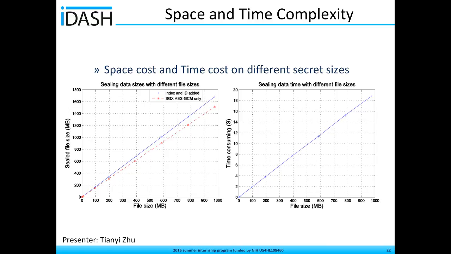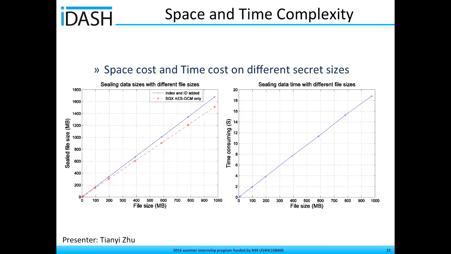The line below on the left picture shows that if we use AES GCM only, the space cost is about 1,500 megabytes. So we add about 200 megabytes for our policy, and we do reduce the time cost of the protection many times over.